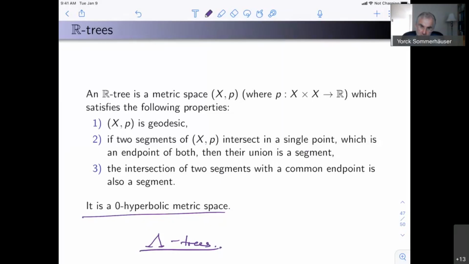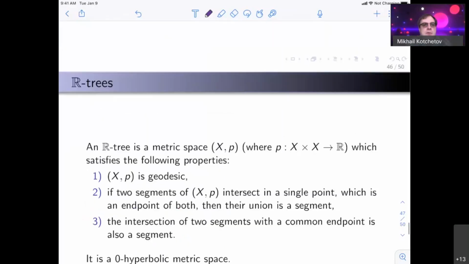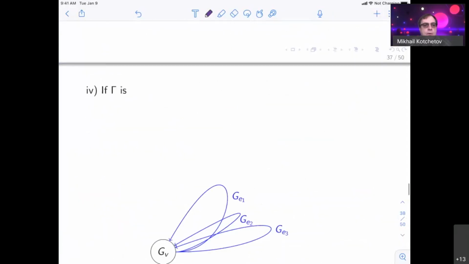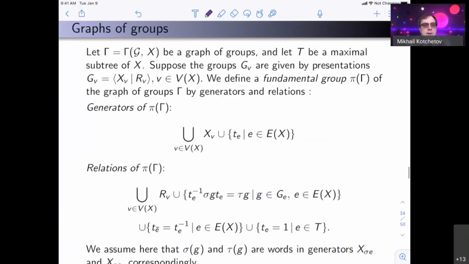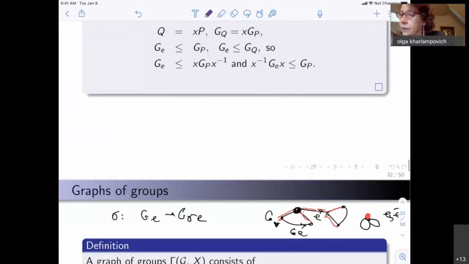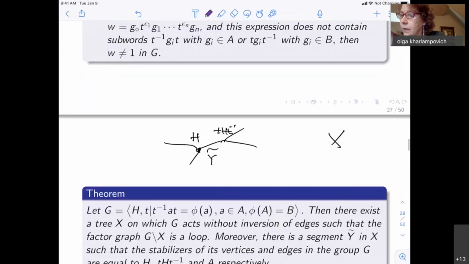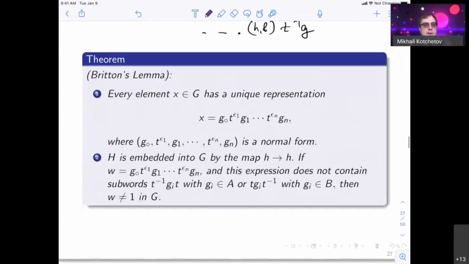I had a question on one of the slides. There was the Britton's lemma, and there were two items in it. I think the second item is a corollary of the first. Is that right? Yes, it is, because then you take a normal form.